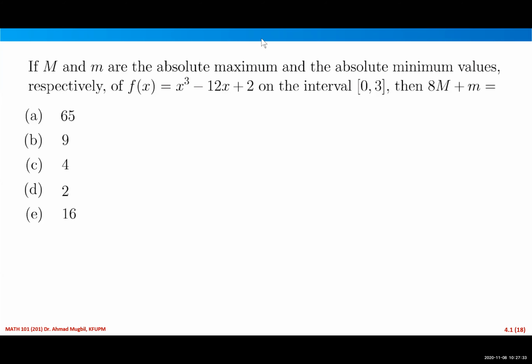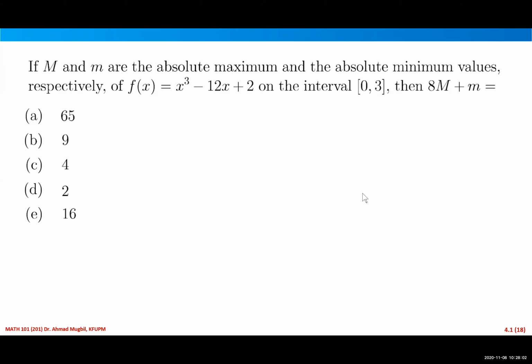Among 23, only 5 students got the right answer. So I'm going to end the polling, ya shabab.